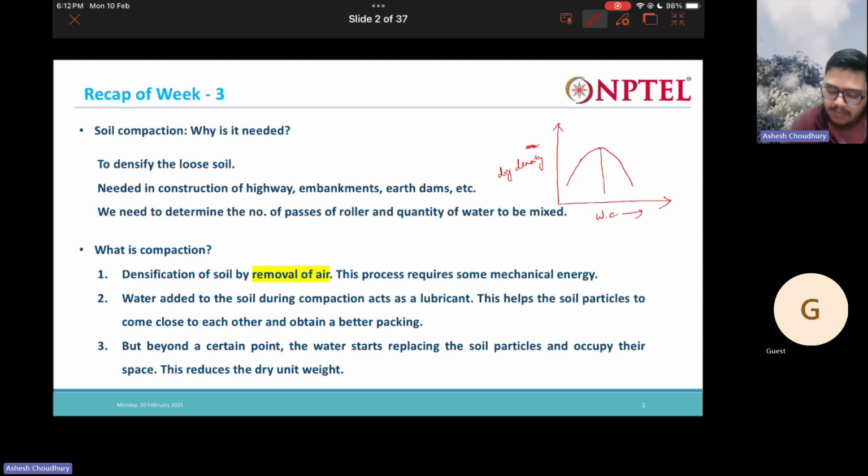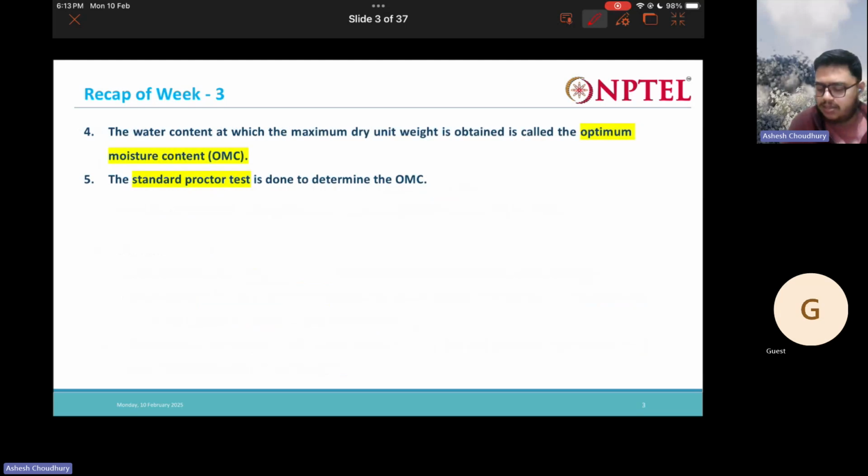The maximum dry density that is achieved is called the maximum dry density, MDD, and the water content at which this maximum dry density is achieved is called the optimum moisture content or optimum water content. I have also written it in the next slide.